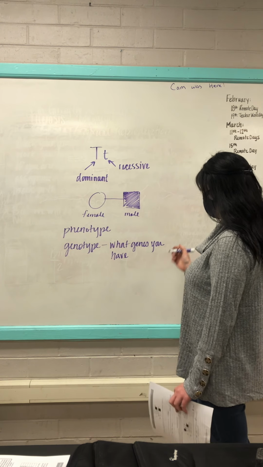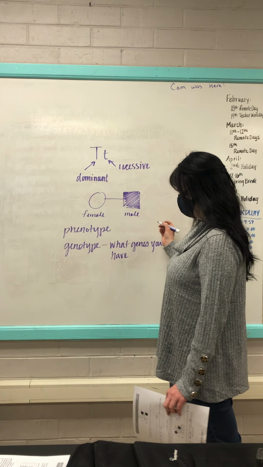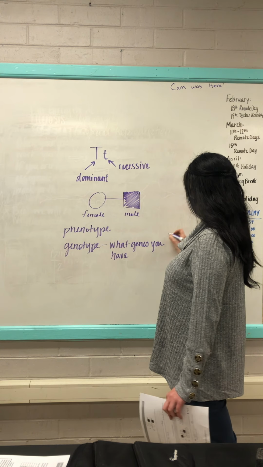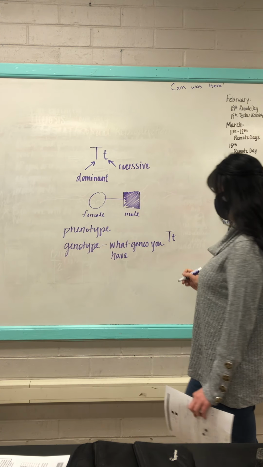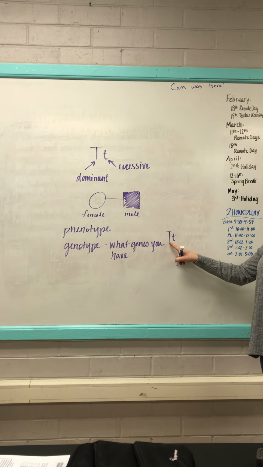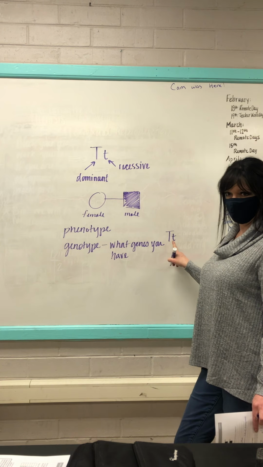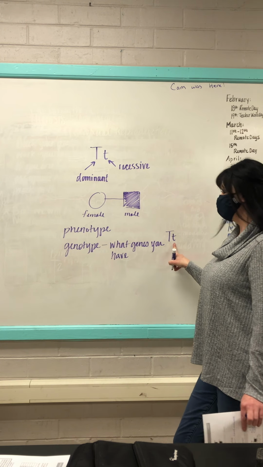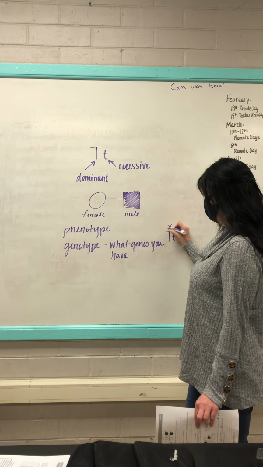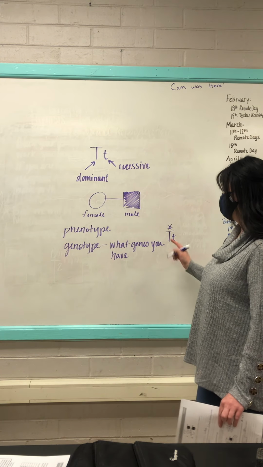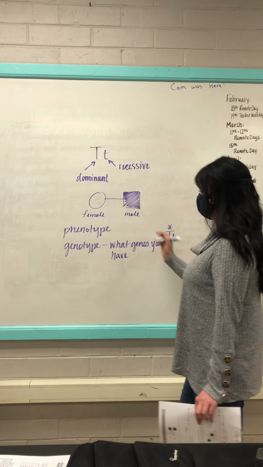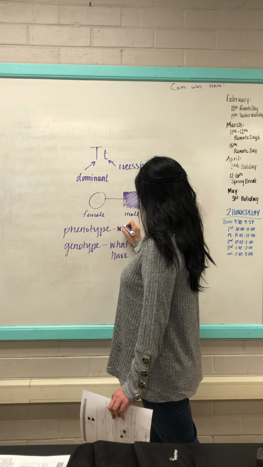Let's just make up something. If we say that this person had this genotype, a big T and a little t, that means they have a dominant trait and they have a recessive trait. The only thing that's going to be showing is the dominant. If you ever have a dominant in there, it always shows. The phenotype would be what you see.